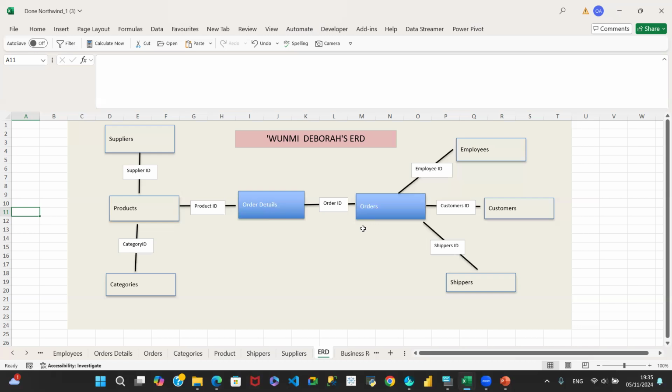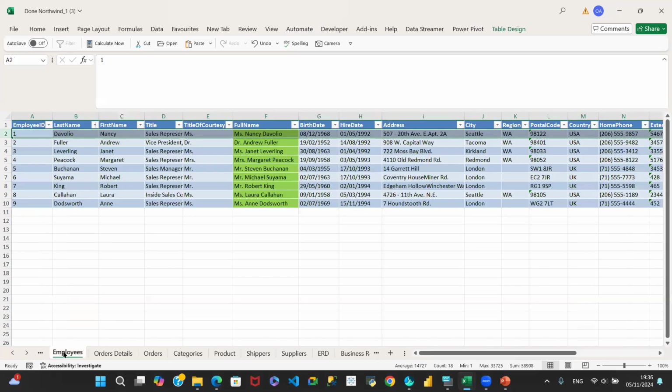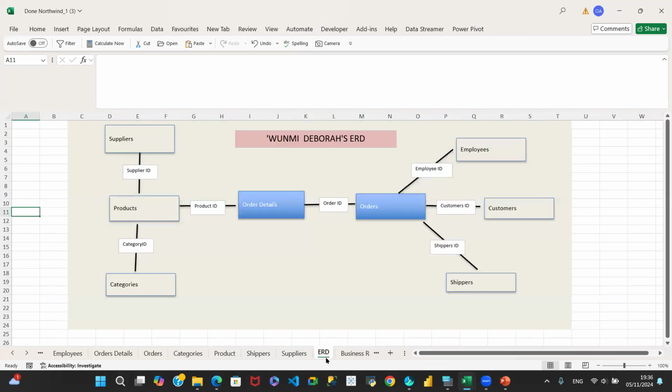Okay, so that is one. Two, it's also the concept of primary keys and foreign keys. Where do we say we have primary keys, and where does that primary key become a foreign key? That's also very important to today's and subsequent learnings that we are going to be doing.